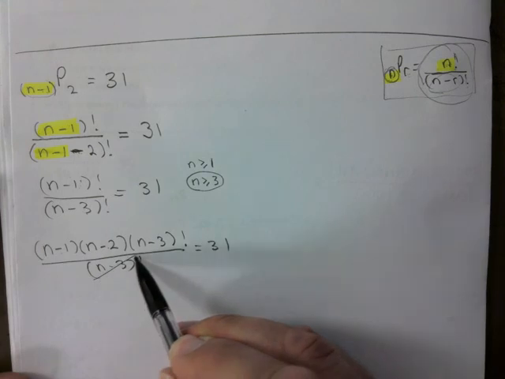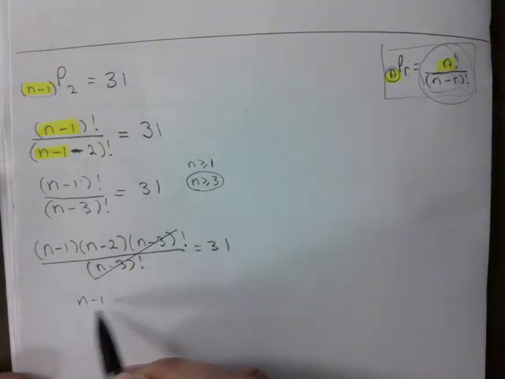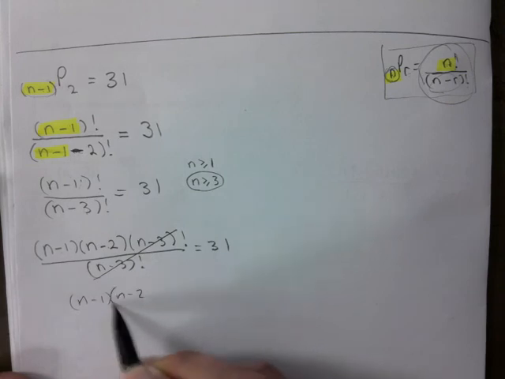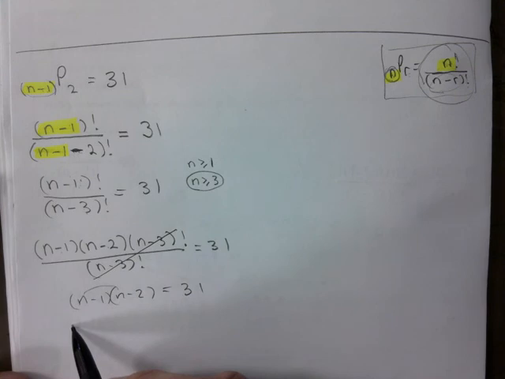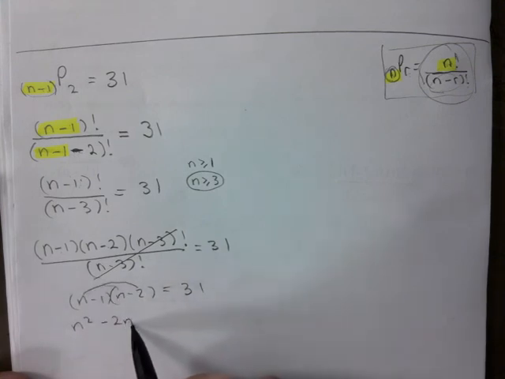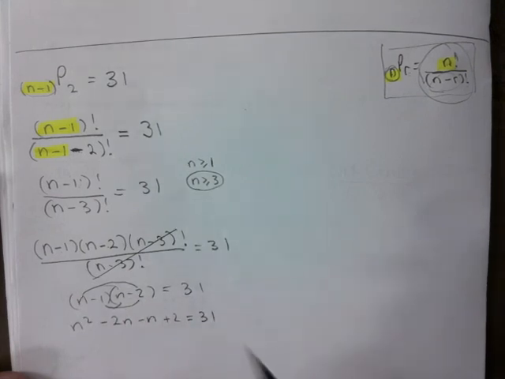So there we cancel this out. So it's n minus 1 times n minus 2 is equal to 31. FOIL it: n squared minus 2n minus 1n plus 2. That is equal to 31.